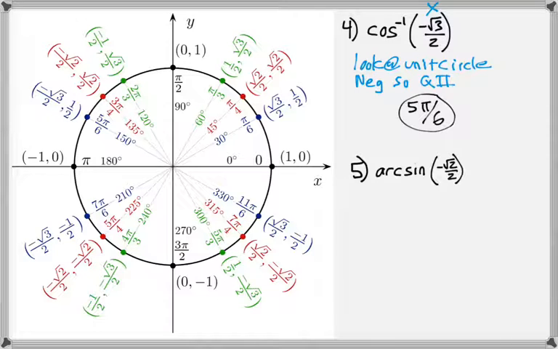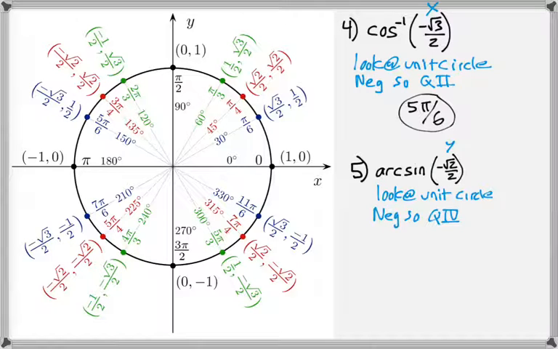On number 5, it wants us to find the arc sine, or the inverse sine, of negative square root of 2 over 2. And sine is talking about the y, and I need to look at the unit circle. And this is negative, so it's going to be quadrant 4.